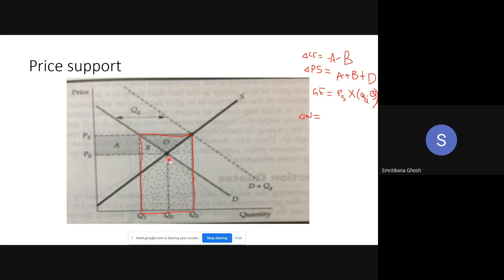But other than D, whatever amount is given by the government, no one is receiving it. Look, other than D, this is the total rectangle which is given by the government as the government expenditure. Out of this rectangle, only the D triangle is received by the producer. But what about the rest? What about the rest? No one is receiving it.